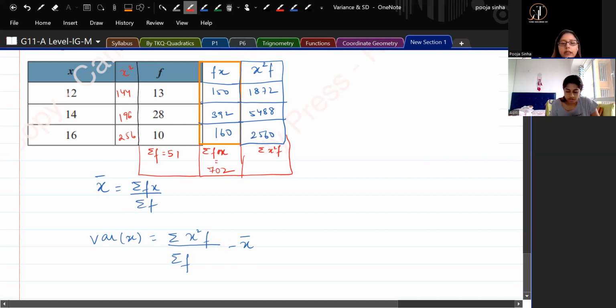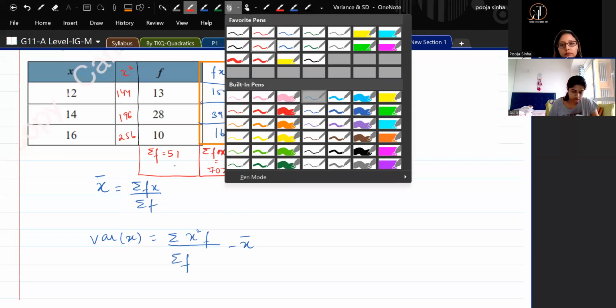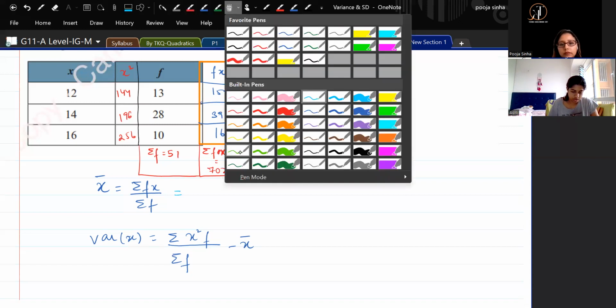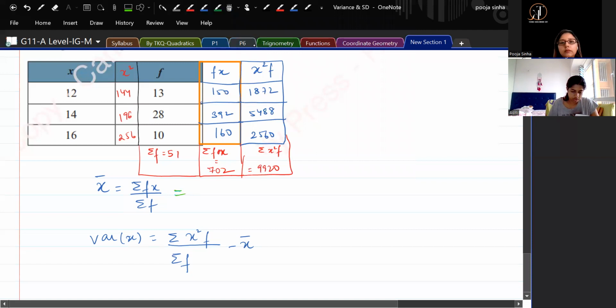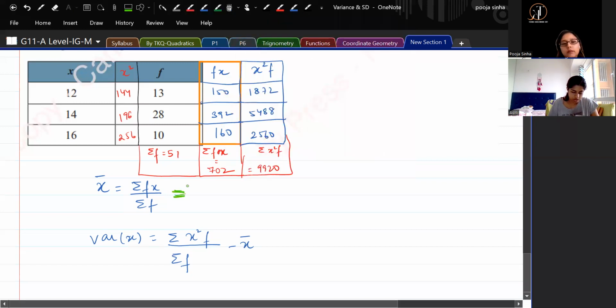And sigma x square f, how much is it coming?